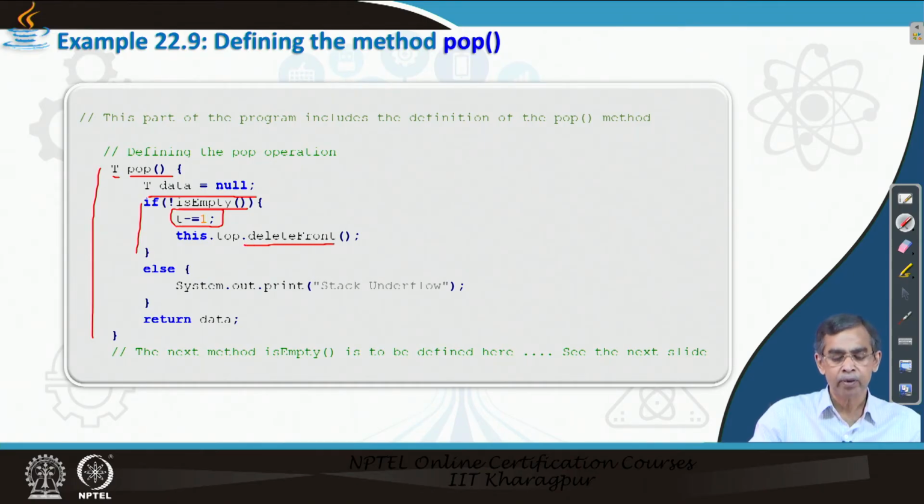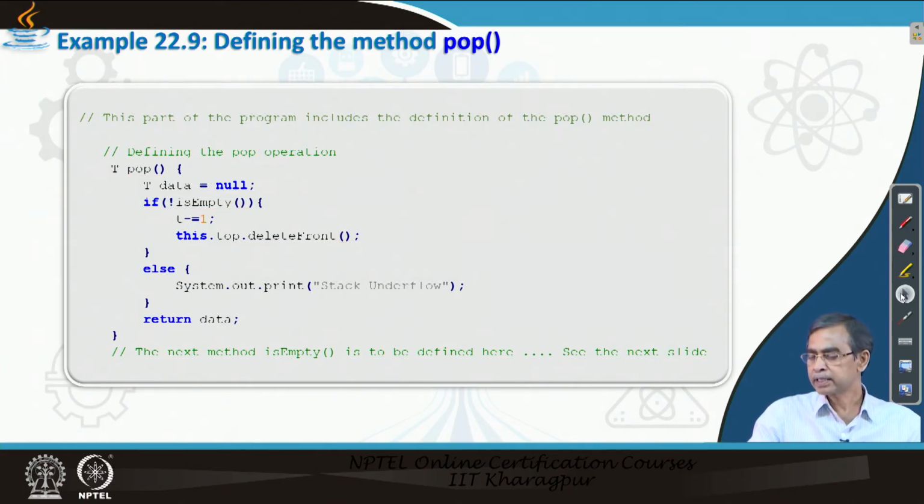Here the delete front operation means it will delete the frontmost node from the list, which is pointed to by the top. So, this is removing it. If it fails, that means the list is empty, then it will print stack underflow, no more pop operation possible, and if it is successful then it will return the data. So, this is the pop operation.